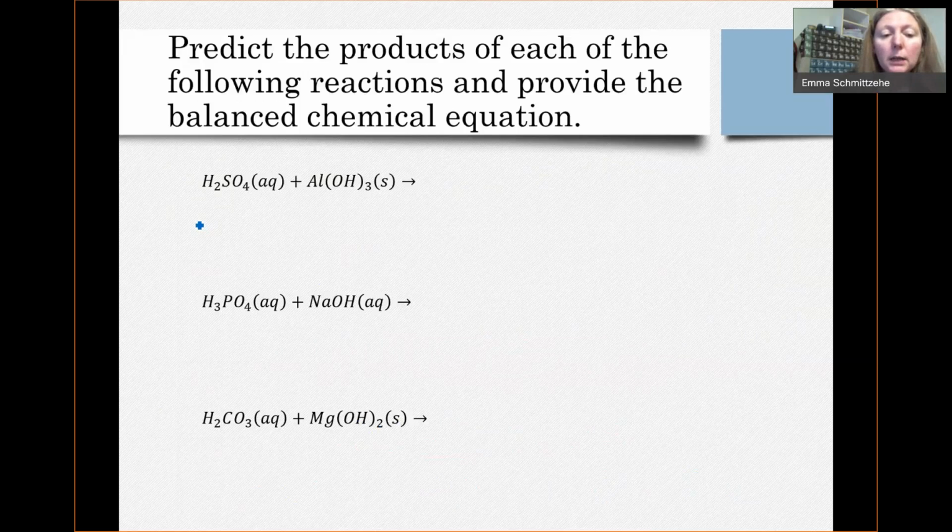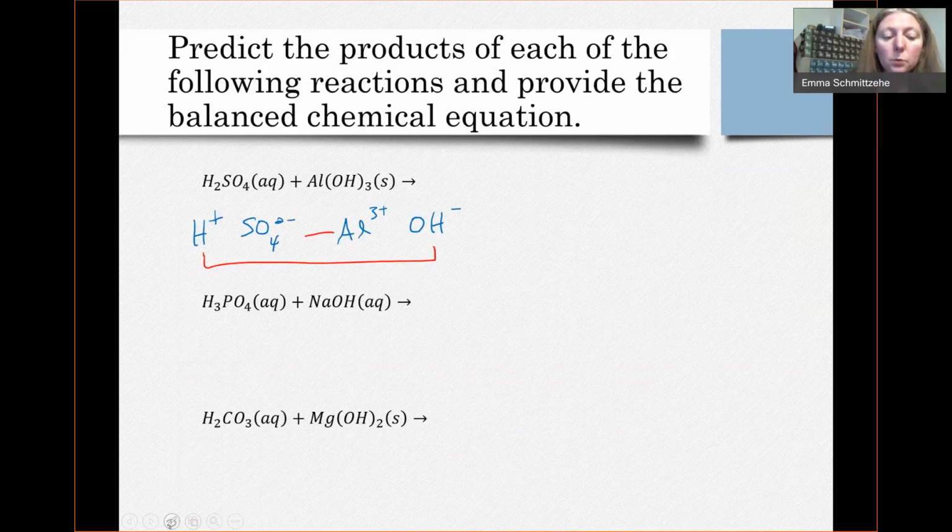Sulfuric acid is made up of H plus and SO4 2 minus. And then aluminum hydroxide is made up of Al3 plus and OH minus. Okay, and so you swap ion partners. And so the H plus goes with the OH minus and the Al3 plus goes with the SO4 2 minus.